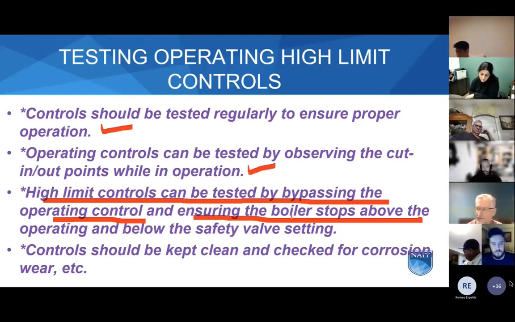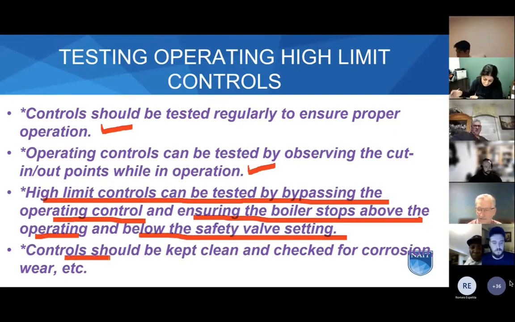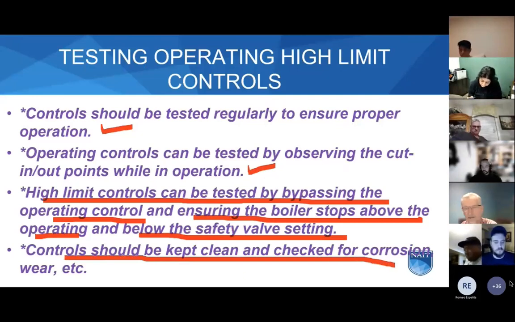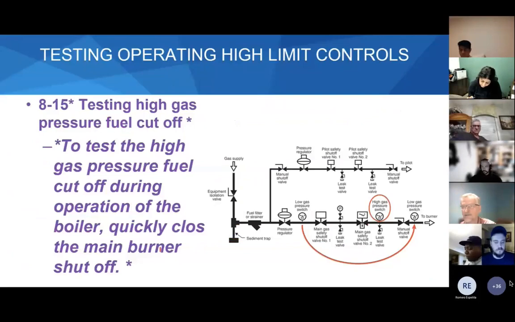If it's a high limit control, it needs to stop above the operating point, but also below the safety valve setting. And any equipment, controls, and other things should be kept clean, checked for corrosion and wear and problems, and regularly tested. How to test a high gas pressure fuel cutoff.